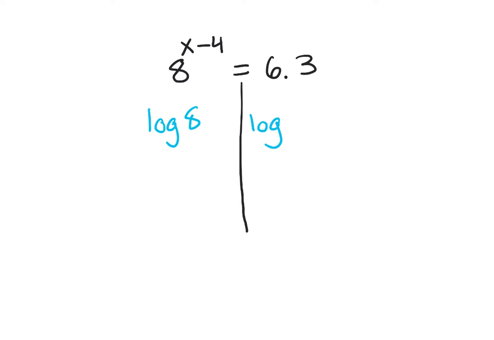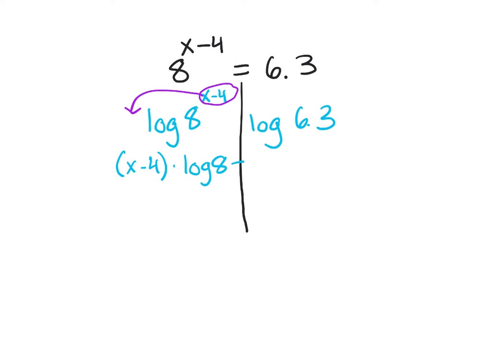So log of 8 to the power of x minus 4 equals log of 6.3. Next step, bring your power out in front. This is going to look like x minus 4 in parentheses times log 8 equals log 6.3.